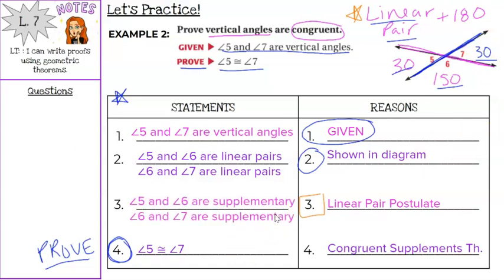So we can say that angle 5 and angle 6 are supplementary, angle 6 and angle 7 are supplementary, and then that comes in that last one, that congruence supplements theorem that we just proved, that if two angles are supplementary to the same angle, they're both supplementary to angle 6, then those two angles are congruent. So that is the reason why vertical angles are congruent. That's all the notes I have for you. Go ahead and move into your practice.